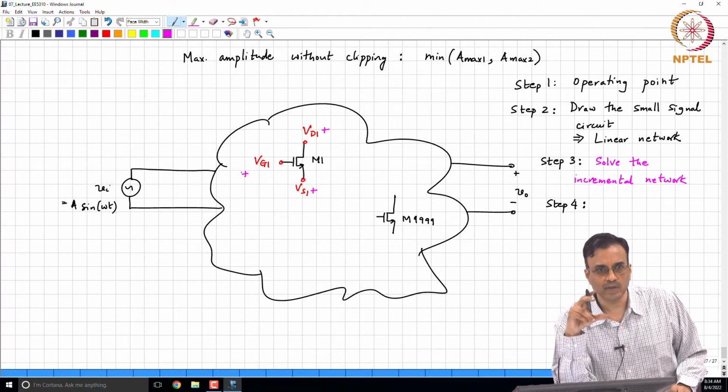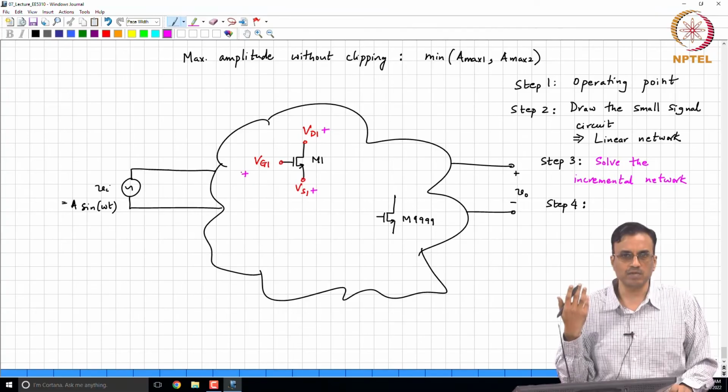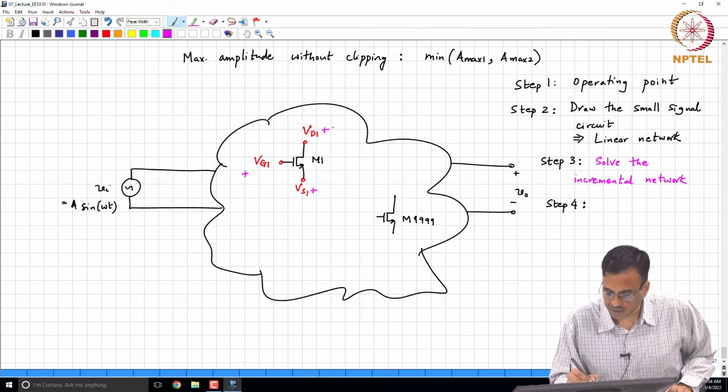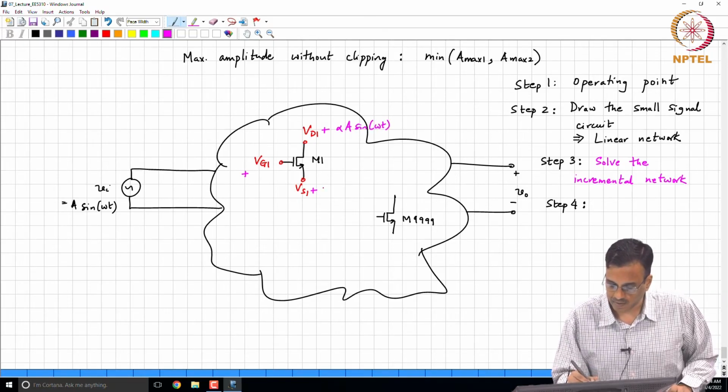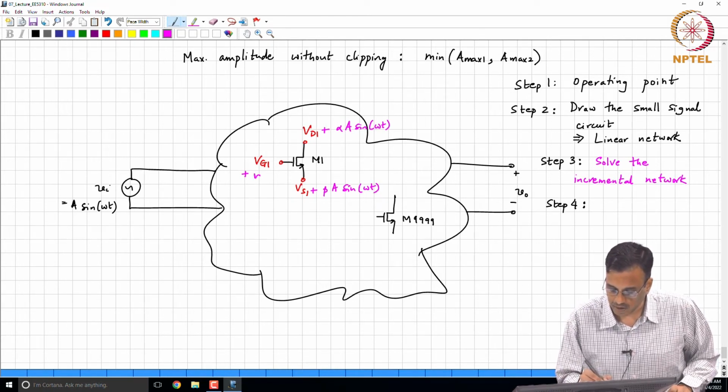You are exciting it with a sinusoid with amplitude A and frequency omega. So, every node voltage and every branch current will be proportional to A with some different constants of proportionality. So, this is some alpha times A sin omega t, this is some beta times A sin omega t, and this is some gamma times A sin omega t.